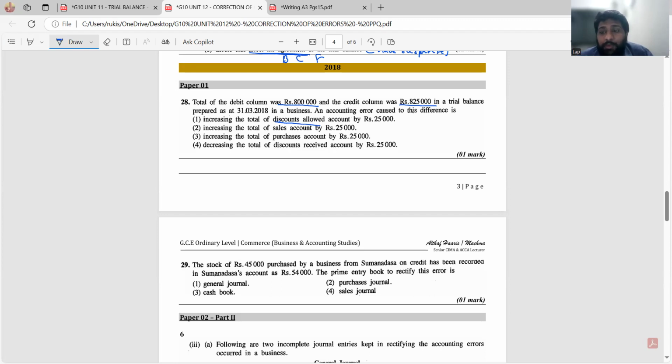Income is there in the credit side. So the credit side has increased by 25,000. If the credit side has increased by 25,000, the credit column will be bigger, obviously. So that's the correct answer.